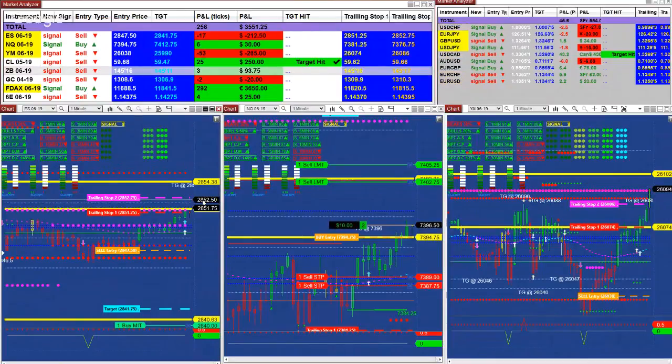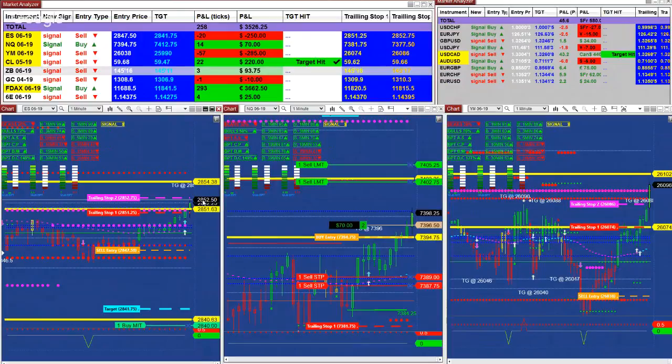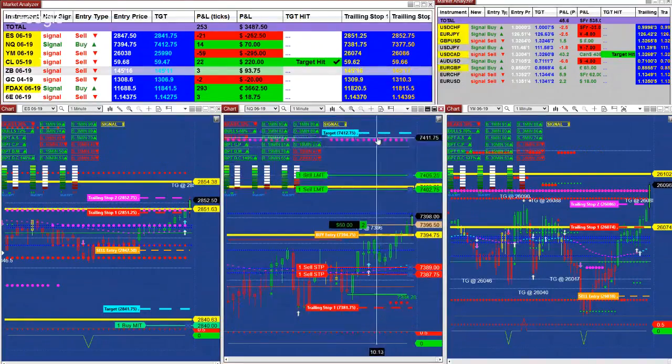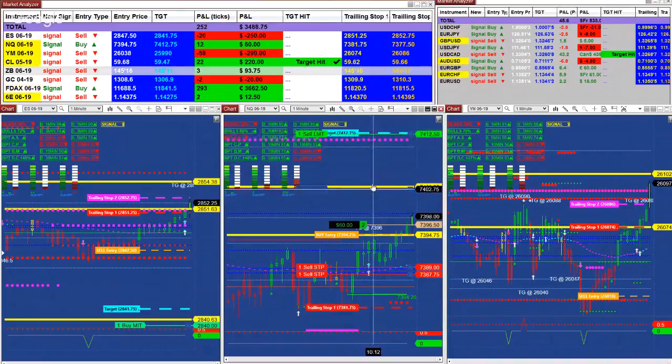Maybe we can get some signal on it. Wow, okay. We're about to have a new signal on the YM. Whoever took that Nasdaq trade is very fine. Your target is way up. You are in the clear on the Nasdaq.